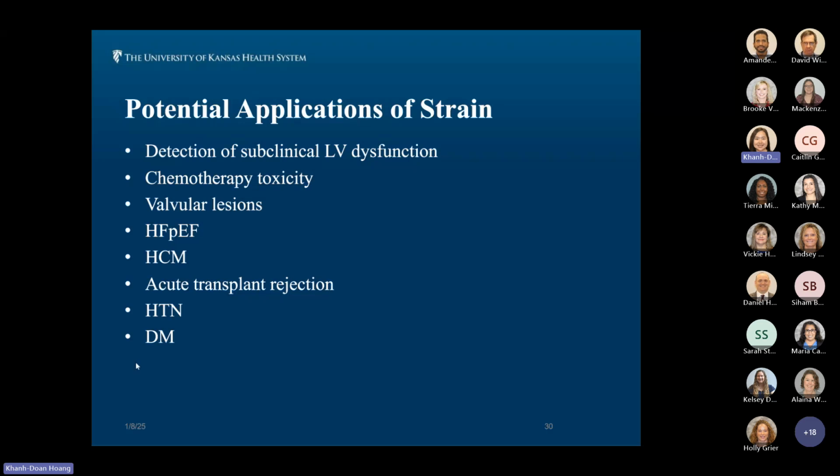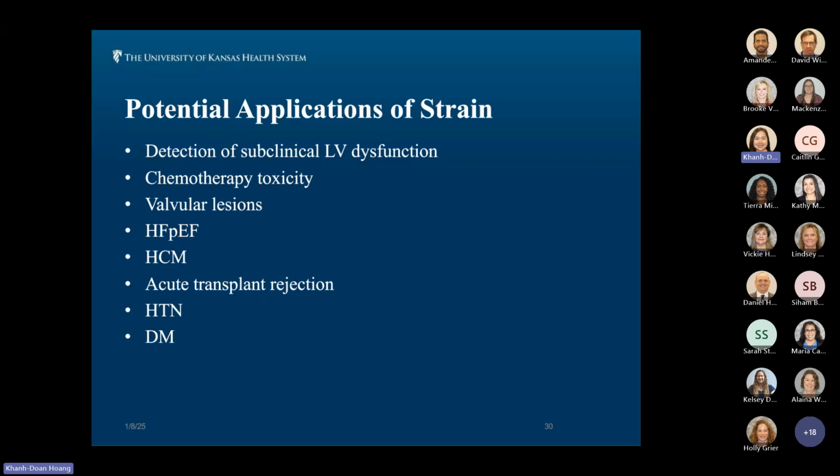So global longitudinal strain is a more sensitive marker for systolic function compared to ejection fraction. It's good for detection of subclinical LV dysfunction, especially in patients who have cardiomyopathies, patients undergoing chemotherapy treatment, and even in the presence of a lot of cardiac remodeling, like what we talked about, where your ejection fraction is still within the normal range.